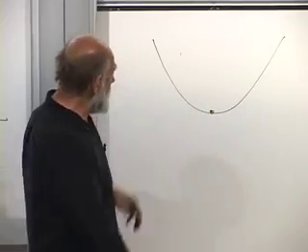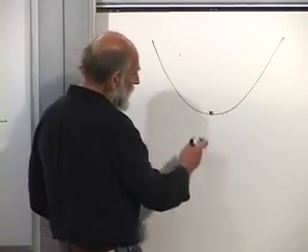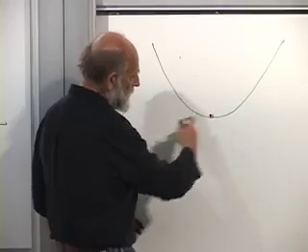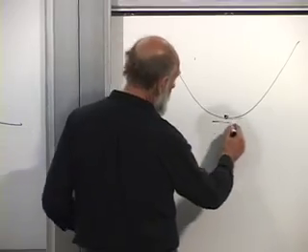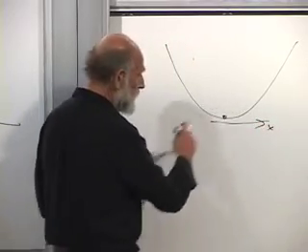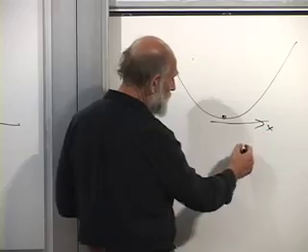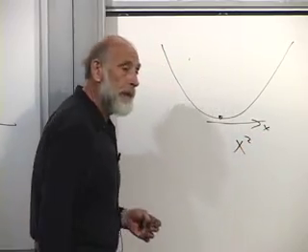A parabola means that nearby the minimum, if I study the system in terms of deviations away from the minimum, let's call that variable x, the potential energy will look like x squared.